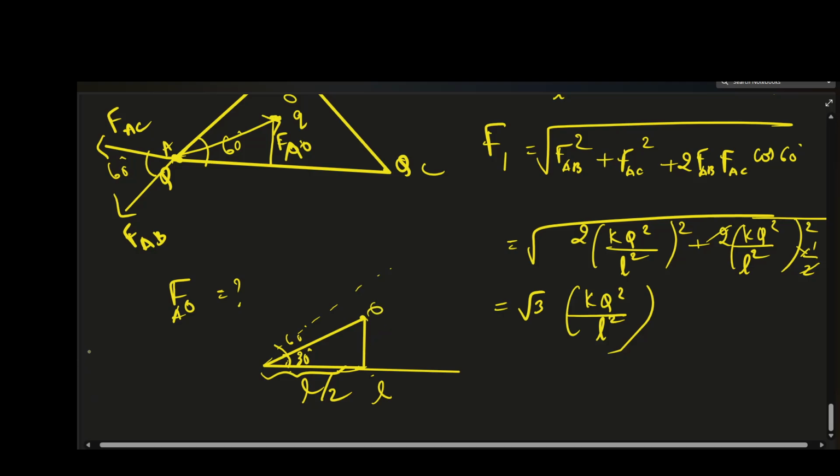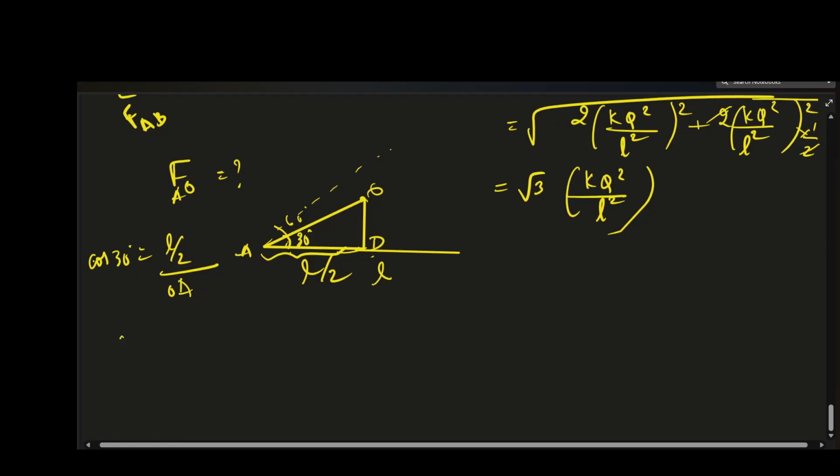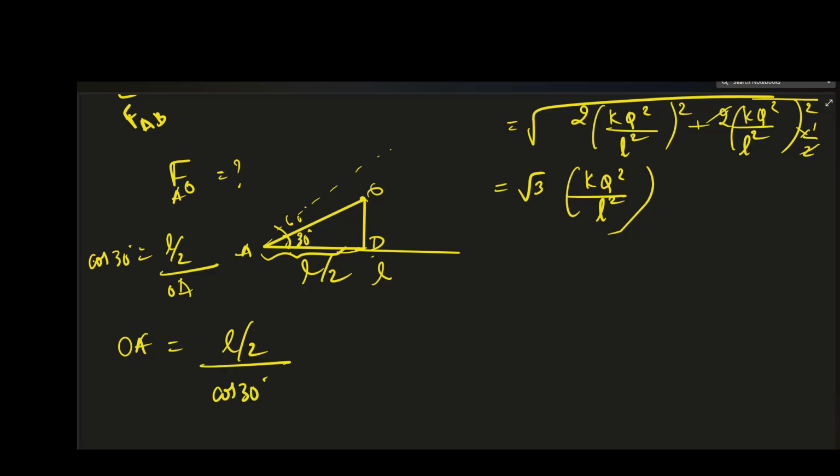Let's call this D. From this I can write cos 30 degrees as L by 2 by OA. So the OA we need is just L by 2 by cos 30 degrees. Cos 30 is root 3 by 2. So my OA is simply L by root 3.